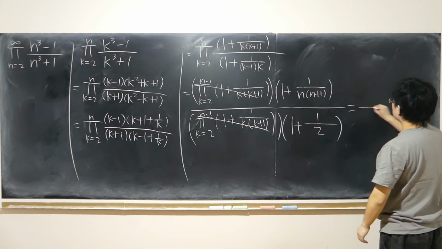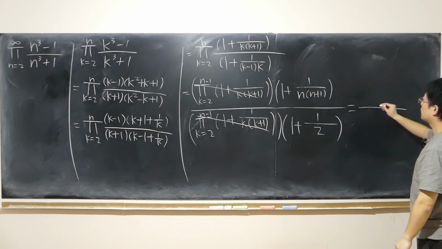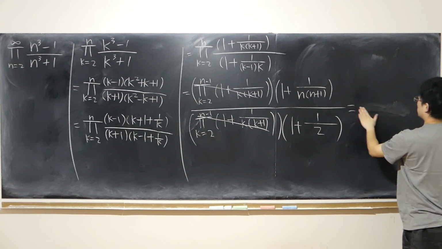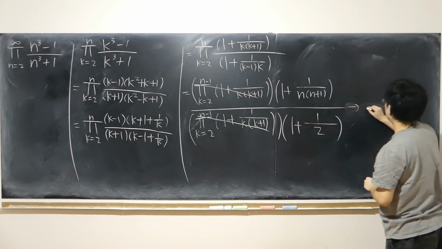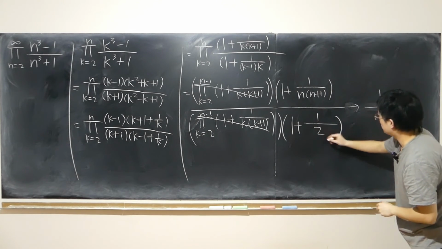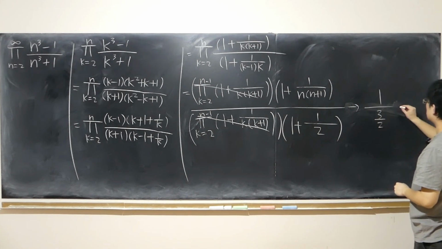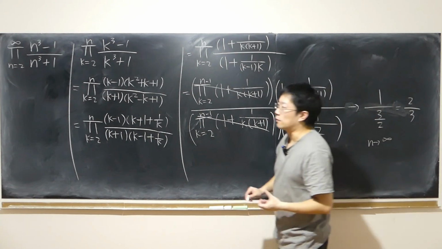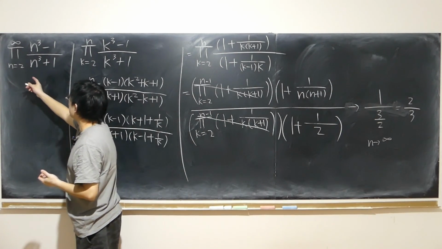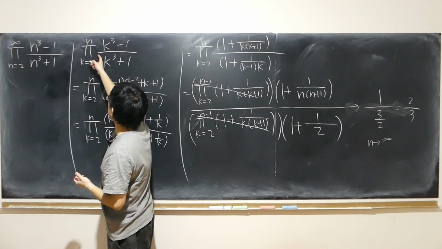The top term approaches 0 easily, so here I have 3 over 2, and that's 2 over 3 as n approaches infinity. So this is exactly the meaning of infinite product: I take n to infinity.